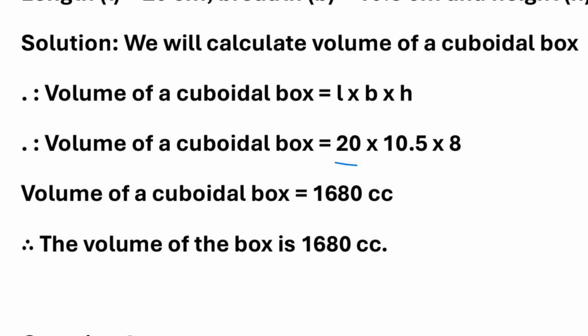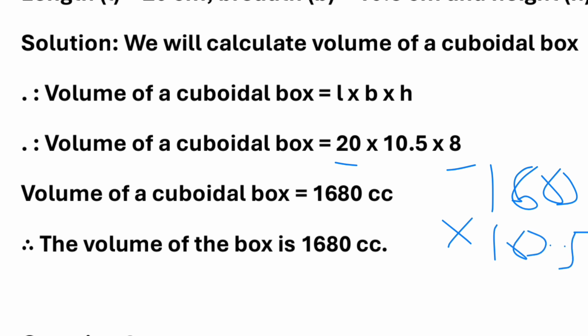Now see this, 20 into 8, 160, that is 160 into 10.5. The multiplication of 160 into 10.5 is 1680 cubic centimeter, because these three terms are in centimeter.